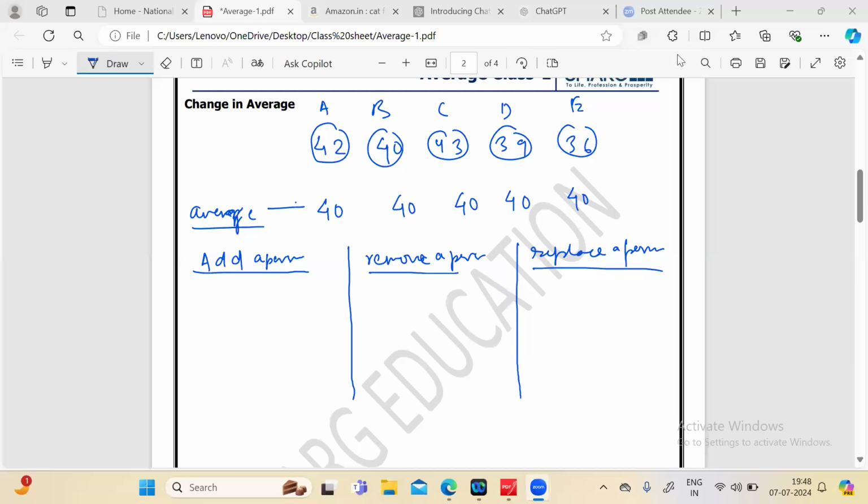So now with respect to all these 3 changes, I will try to observe the change in average: how average is changing if somebody is joining the group, how average is changing if somebody is going out of the group, and how average is changing when somebody is replacing someone in the group.